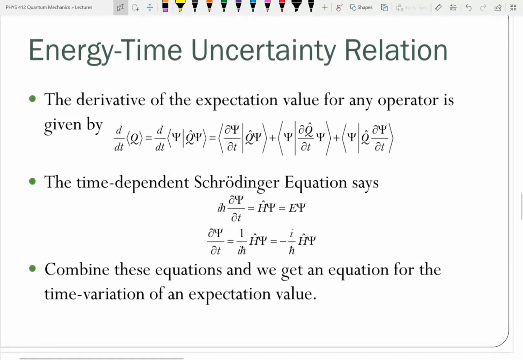So looking at the energy-time uncertainty relation. What am I doing here? First things first. Time. If I want an energy-time relation, I have to look at how my values change in time. And so I'm going to calculate the rate at which the expectation value changes.